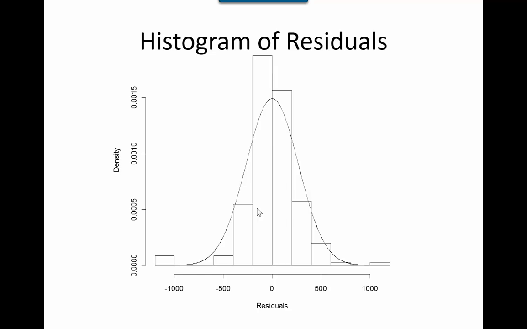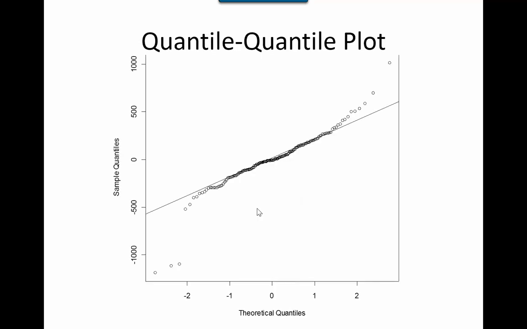This is a way of visually testing whether our residuals are in fact normally distributed. You can see there are more residuals close to zero than far away from zero, and it's more or less symmetrical. It's not very easy to judge whether that's a good fit to a normal distribution or not, but it's one thing you can do very easily to check your models.